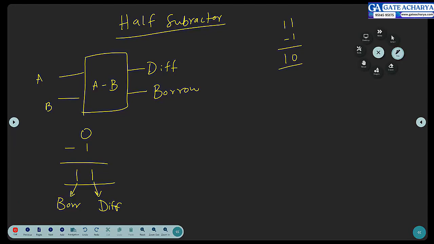Full subtractors have 3 variables, a minus b minus c. This is half subtractor. How will you do with full subtractor?